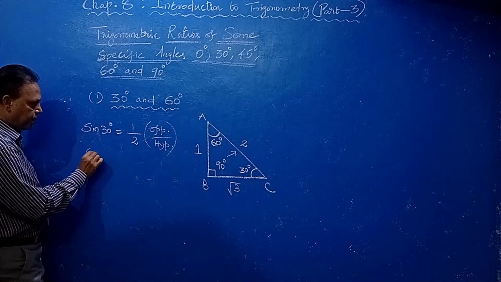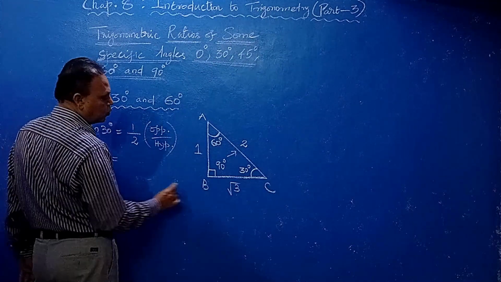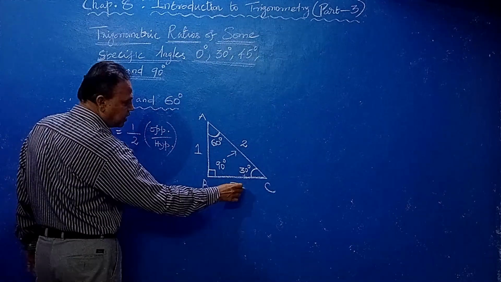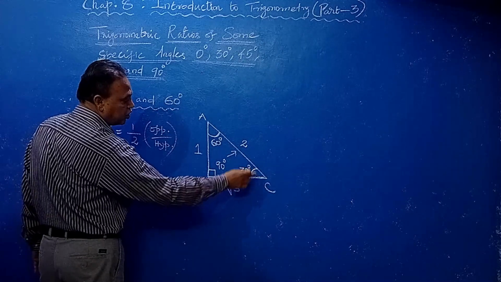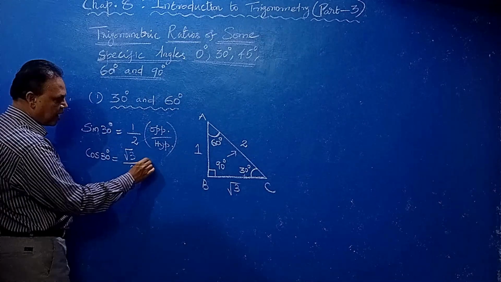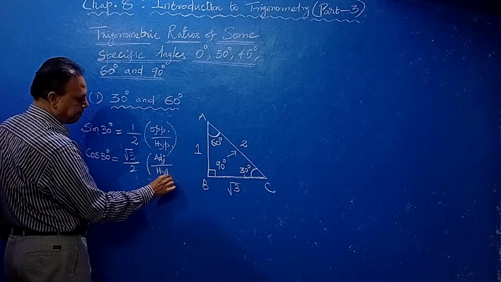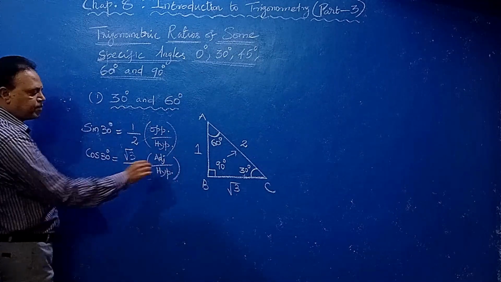Then cos 30: the adjacent side is root 3, so root 3 by 2, adjacent by height. For understanding purpose, I am writing.